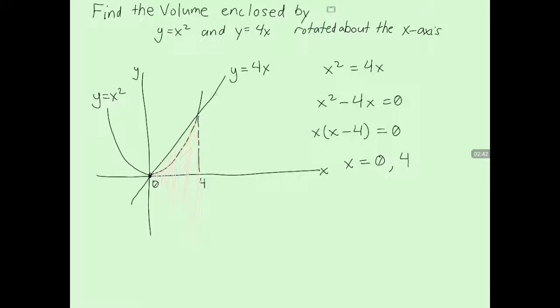the volume obtained by rotating the area underneath the x squared function about the x-axis. So if we rotate this area underneath about the x-axis, then we're going to get this cone-looking shape over here.